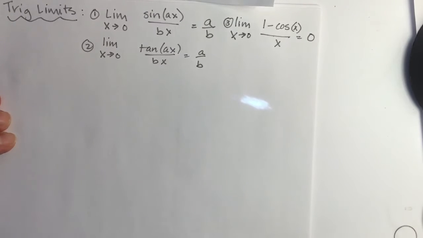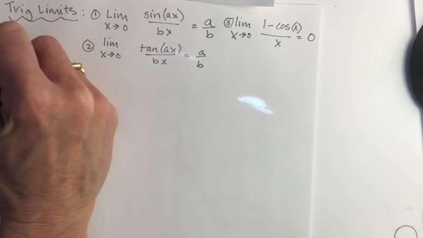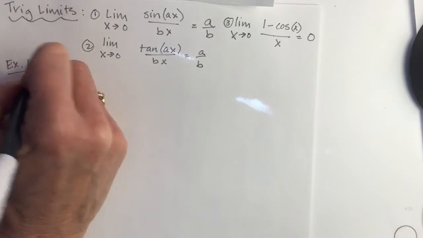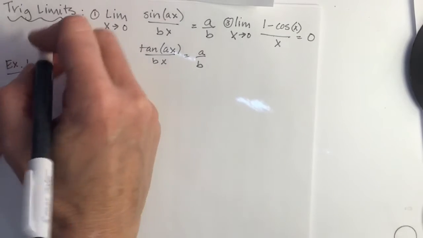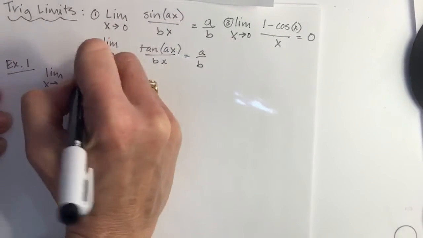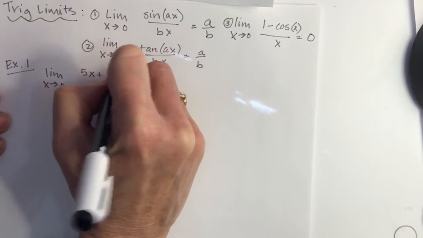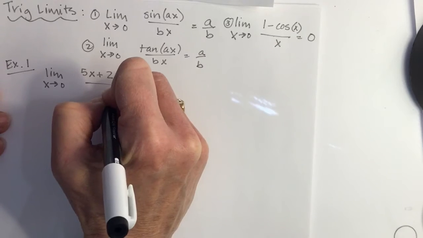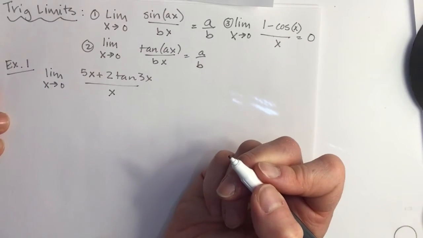So sometimes the kingpins are hiding, right? So let's do a quick example. Sometimes they look like this. The limit as x goes to 0 of 5x plus 2 tangent 3x over x, say.